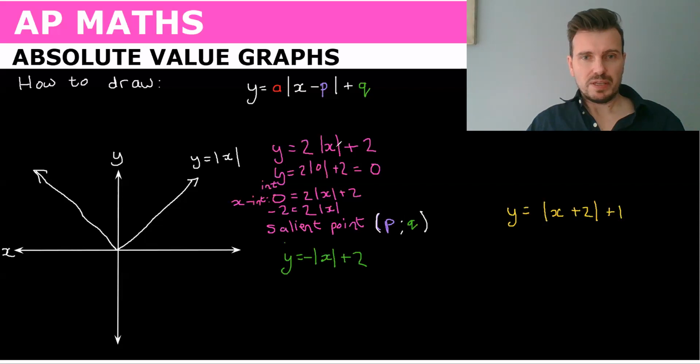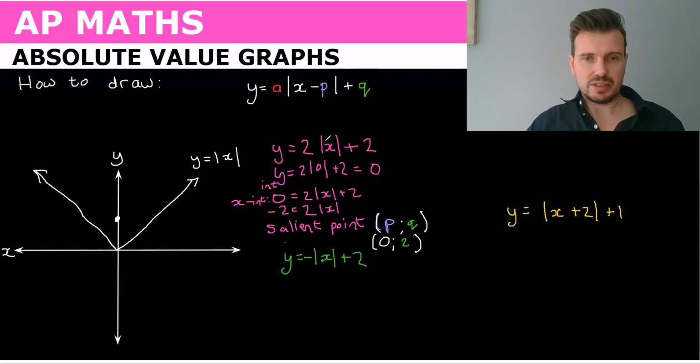Here, there's no P because it's plus 0 inside the absolute value. So P is 0, and our Q is 2. And so our salient point happens to be our y-intercept, and our salient point is over there, as is our y-intercept.